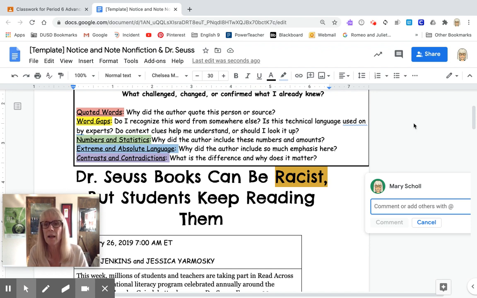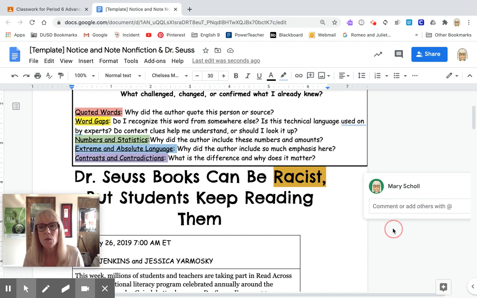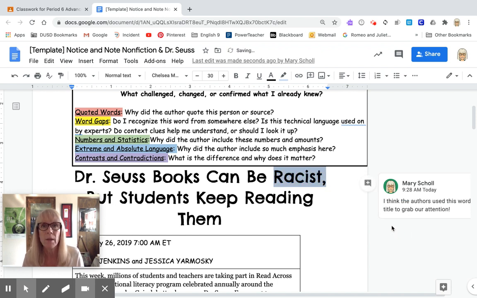So I'm going to say, I think the author, or in this case, there was more than one authors, used this word in the title to grab our attention, right? If you see that in the title, you're thinking, what the heck is going on? So I post it. That's my note.